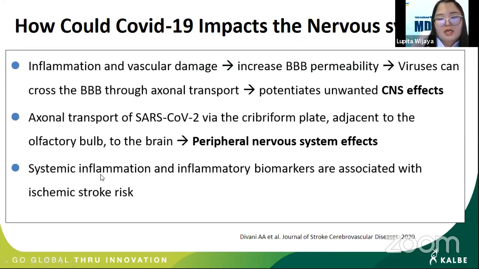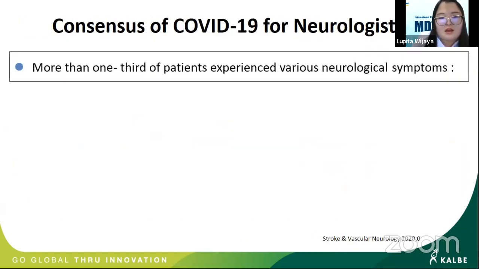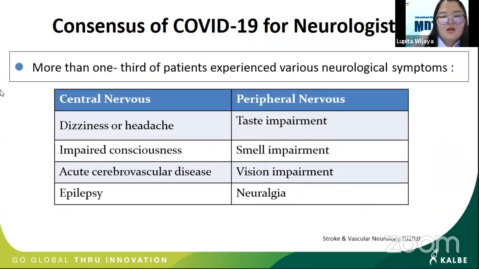How can we know the risk of ischemic stroke in this condition? We can check some inflammatory biomarkers like the level of interleukin-6, the level of TNF alpha, and also the level of macrophages. According to a COVID-19 consensus, because this patient will have CNS clinical manifestations or peripheral nervous clinical signs, the consensus mentions what signs or symptoms the patient will feel after the virus infects their brain.